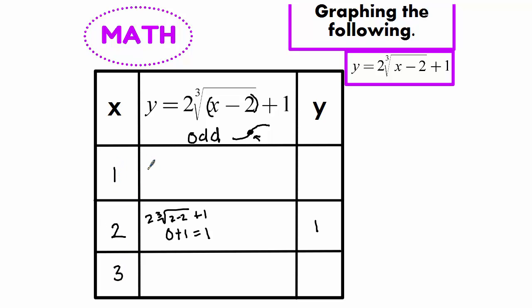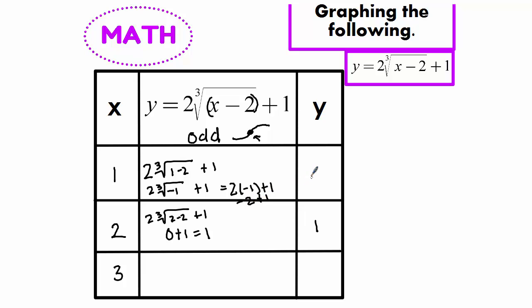And here's why. So if I plug that in, I'm going to get 1 minus 2 plus 1. 1 minus 2 is negative 1. The cube root of negative 1 is negative 1. So it becomes 2 times negative 1 plus 1. 2 times negative 1 is negative 2.